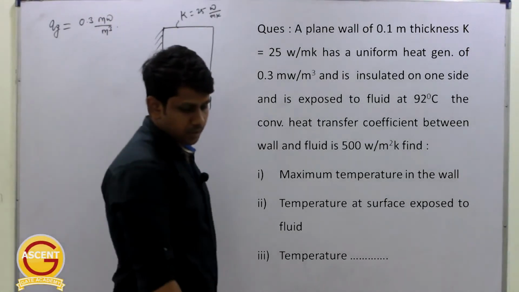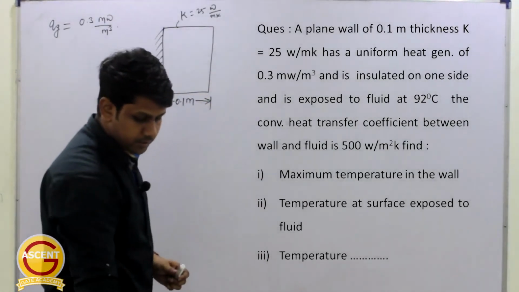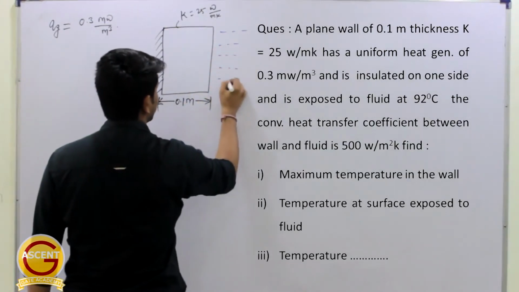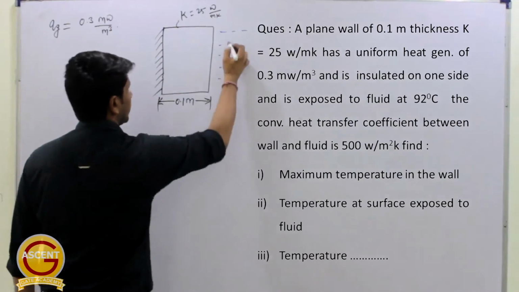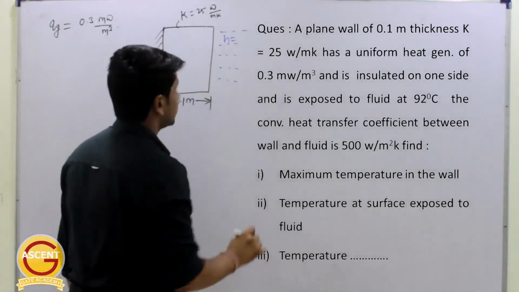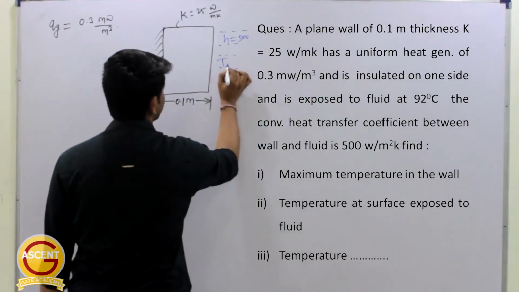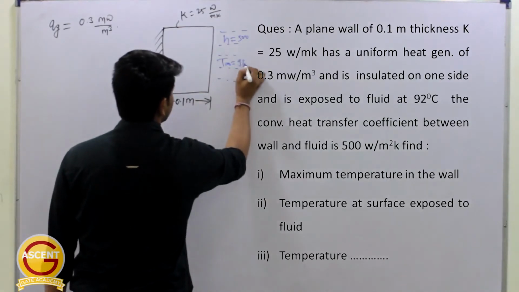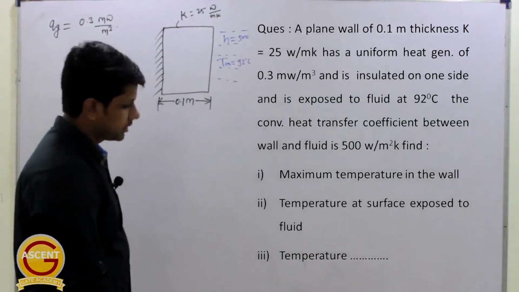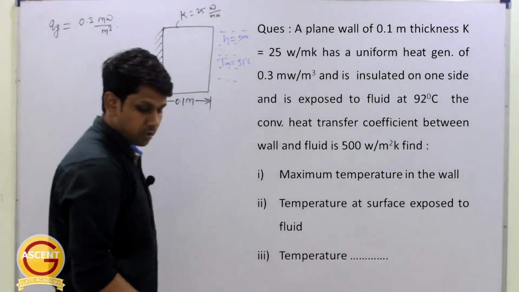Right? Now he has given that the other end is exposed to fluid at 92 degrees Celsius. So here some fluid is there and the convective heat transfer coefficient is given as 500 watt per meter square Kelvin, and the temperature of this fluid, let's say T infinity, is 92 degrees Celsius. Okay, so these are the given data, and then he is asking the maximum temperature in the wall.